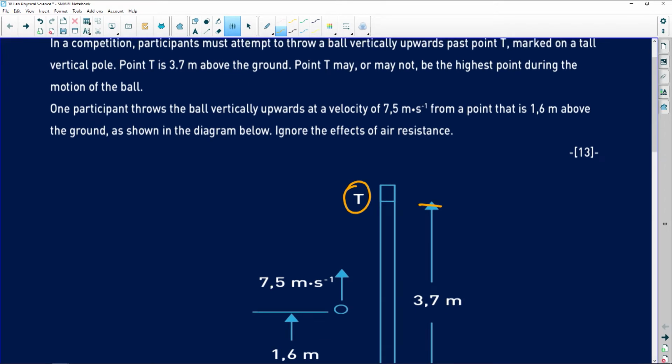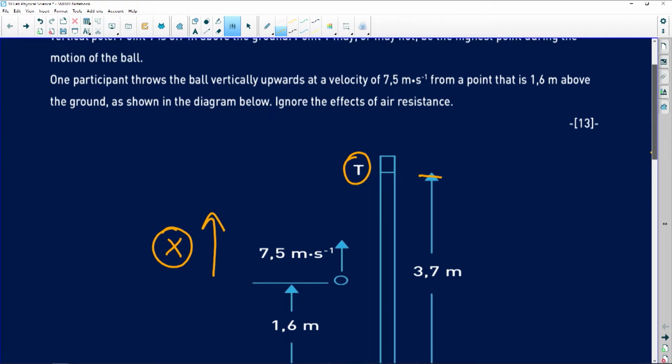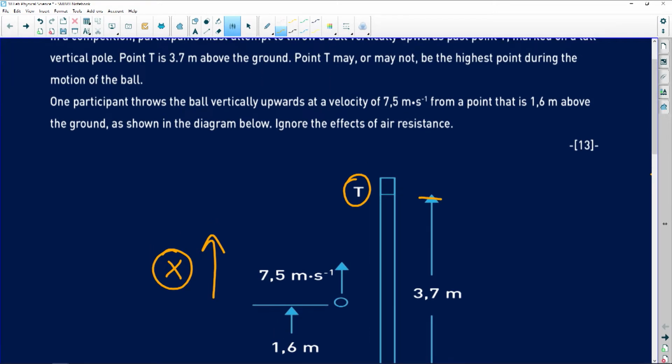They say that point T may or may not be the highest point during the motion of the ball. One participant throws the ball vertically upwards at a velocity of 7,5 meters per second. So there they're indicating it. And while we're busy here, I'm going to take up as the positive direction. Obviously you can take it as negative, it doesn't matter, but I like taking the original direction as positive.